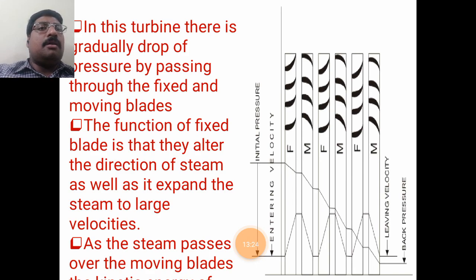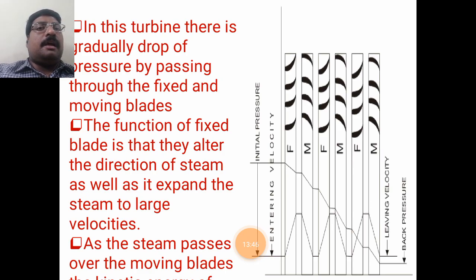Okay. So now what is the function of the fixed blade? The function of the fixed blade is just to alter the direction of steam. What happens in the moving blade? In the moving blade, the steam velocity is absorbed and rotation of the blade takes place.